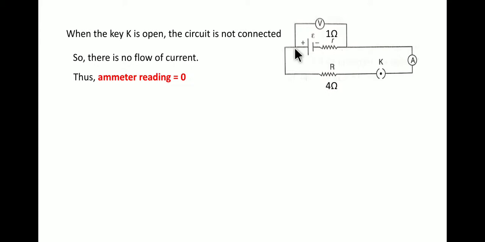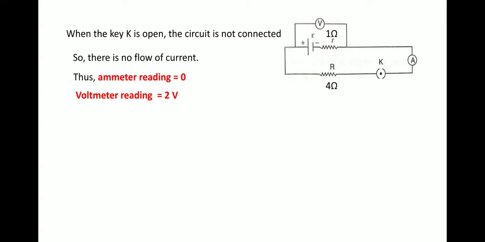When there is no current flowing, then e.m.f will be equal to the potential difference of the cell. So the potential difference over here is 2 volts, so the voltmeter reading will be equal to 2 volts. All right, so this is the case when the key K is open.